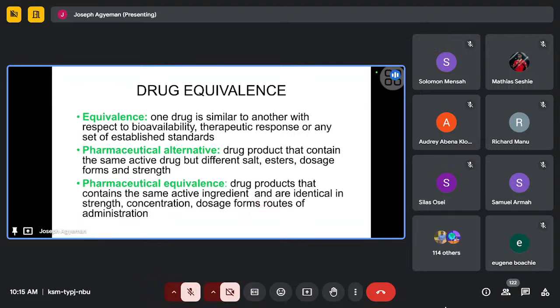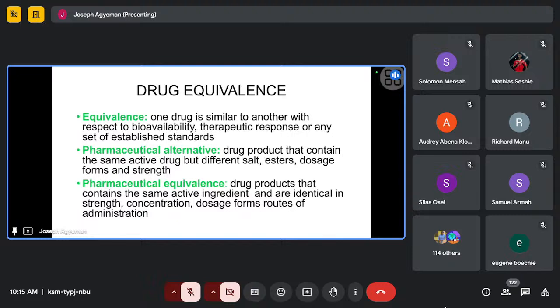This is when you say that those two drugs, pharmaceutically, they are equivalent. It starts from the two drug products containing the same active ingredient. By this time, they have the same strength, concentration, dosage forms. So this normally applies to brands.